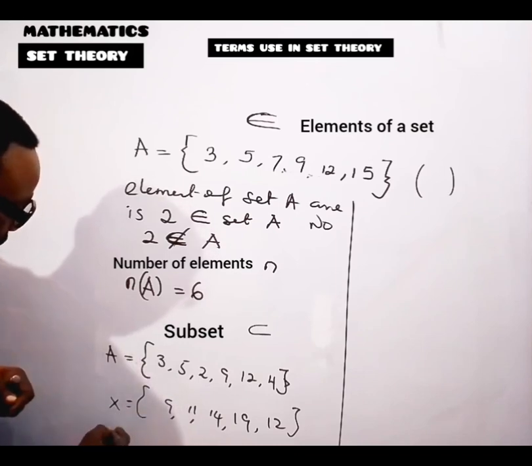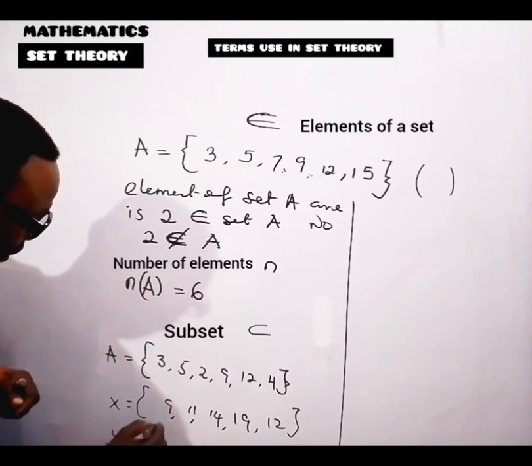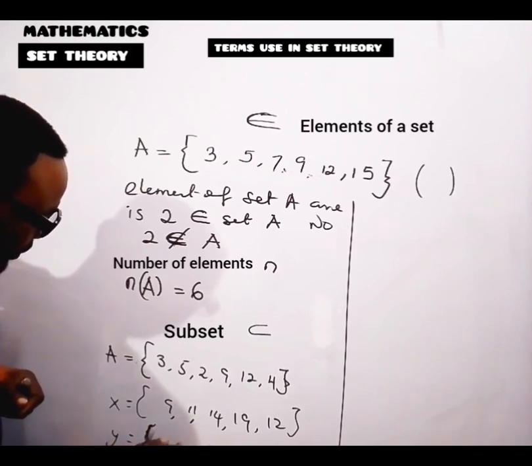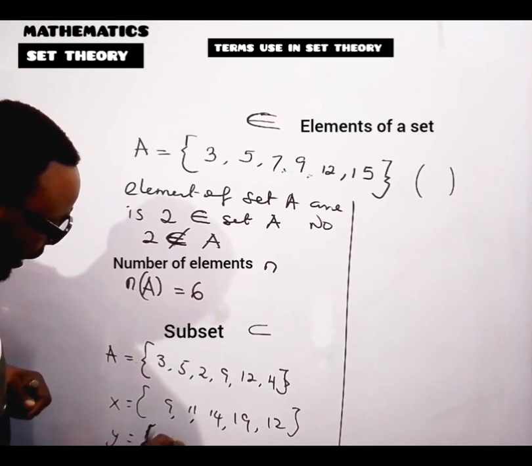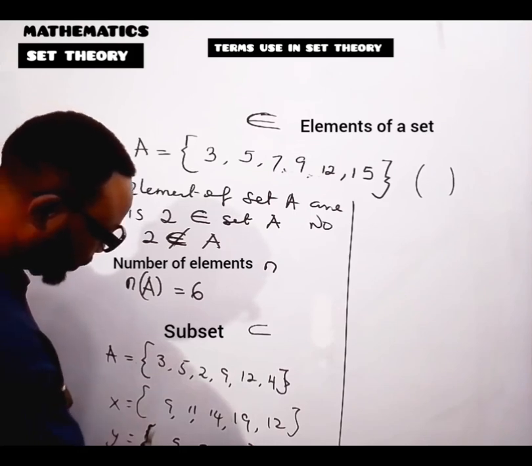And I'm given this one again, which is Y. You can see the symbol must be arranged properly, must be well designed. Y is {5, 9, 12}.